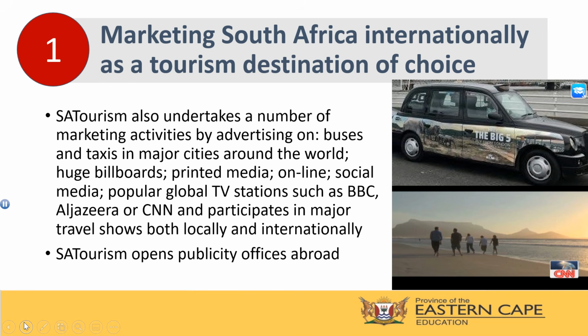And another strategy used by South African tourism is to open a publicity office abroad, whereby you will see that there is a publicity office for South African tourism located in New York or in London or in Sydney, Australia, and that assists in marketing South Africa internationally as a tourism destination of choice.